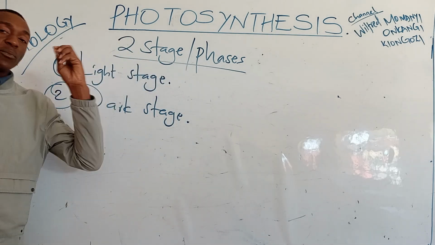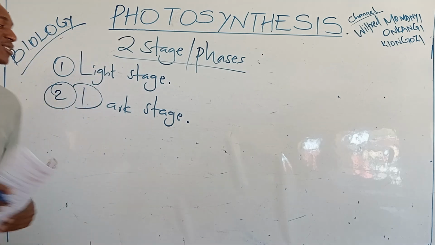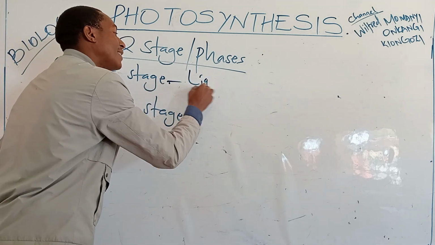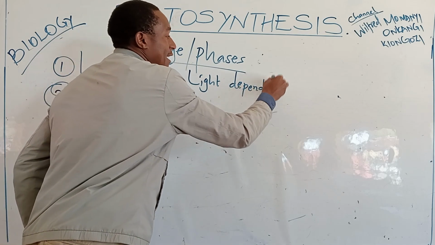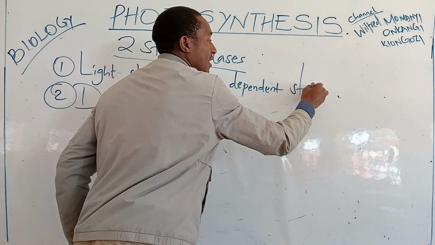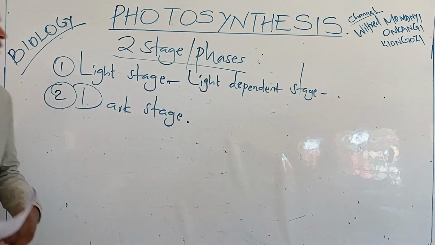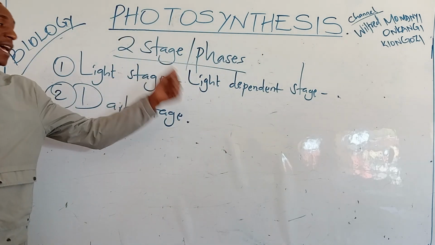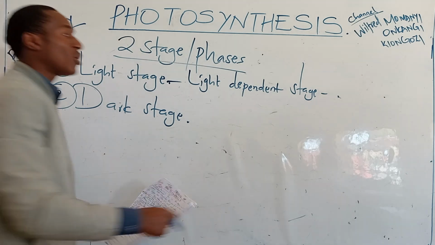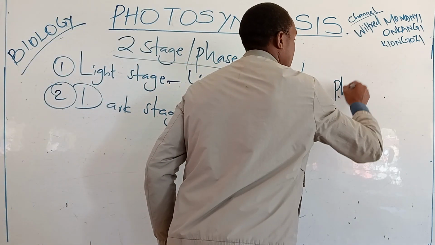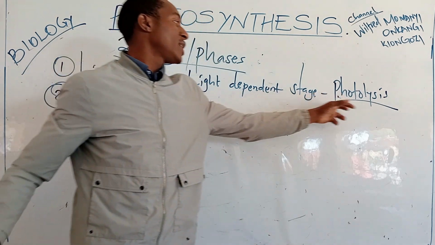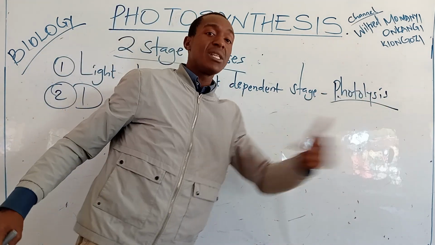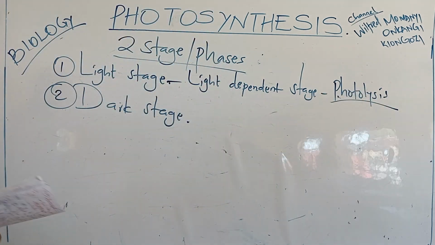Light stage depends on light, and so it is called light dependent stage. There is also another term. In this light dependent stage, light is used, so we call it photolysis. I will explain to you what photolysis means. Photo means light, lysis means split. I will tell you what is being split.